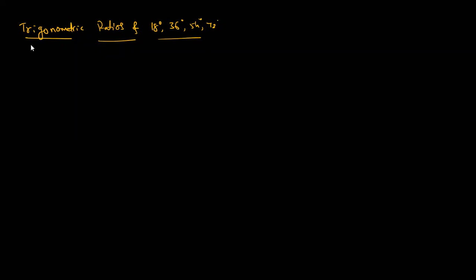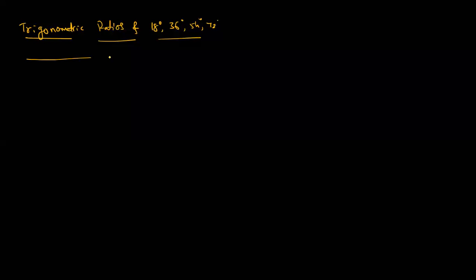Okay. I will tell you. Trigonometric ratios of 18 degrees, 36 degrees, 54 degrees, 72 degrees. First of all, I will make the table, dear students, write down. I will give the proof, don't worry.